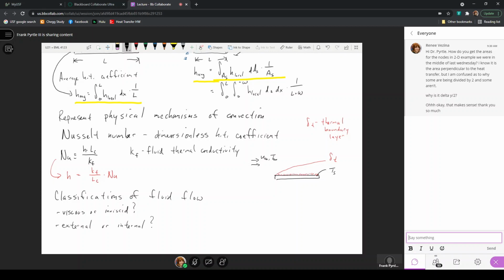An internal flow is one where the fluid is actually confined. Internal flow would be like flow through a pipe. If I have some mass flow rate through a pipe, this is what we call an internal flow, in that the fluid is not able to just eventually get to some free stream velocity.